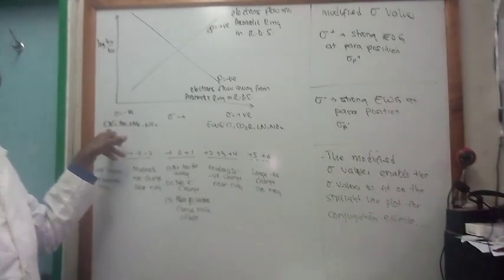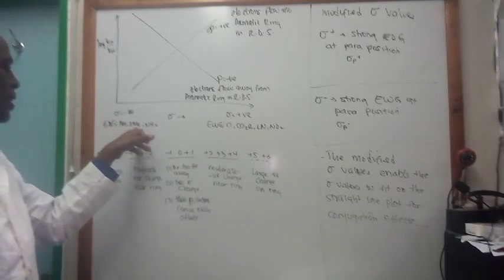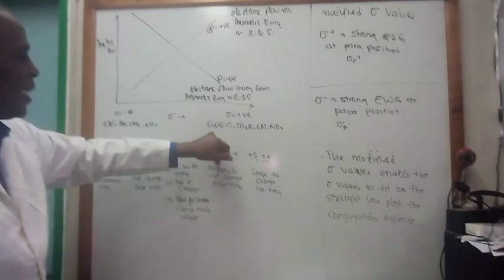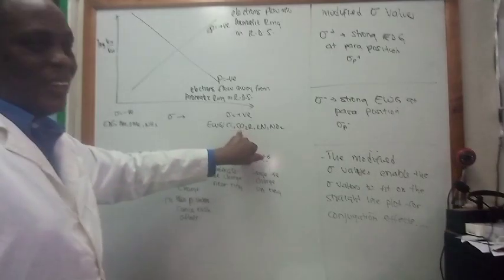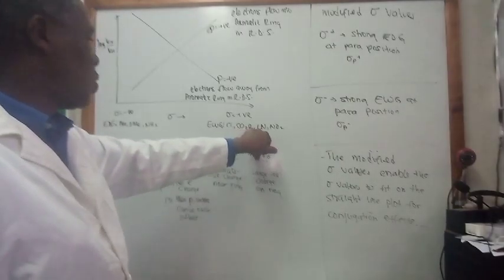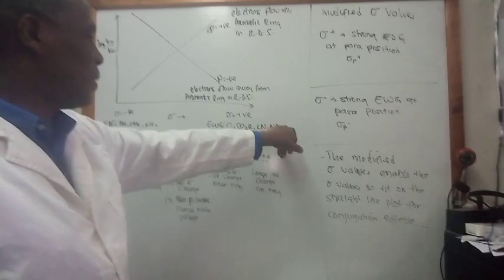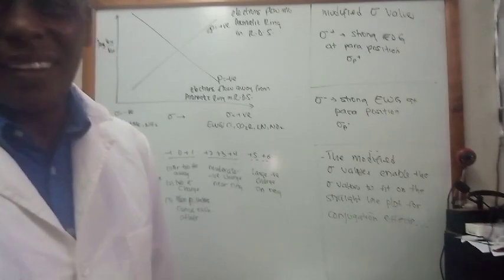EDG is electron donating group, like methyl, methoxy, OMe is methoxy, and amino group. And then electron withdrawing groups like chloride, the ester group, CO2R, where R is an alkyl group, CN, that's cyanide, and the strongest electron withdrawing group is the nitro group.